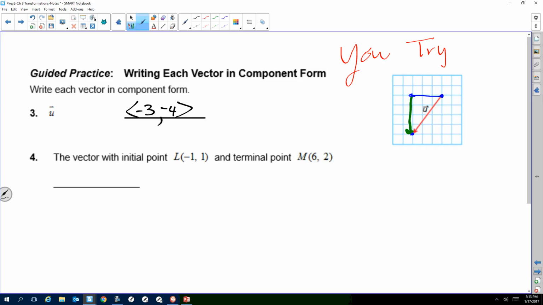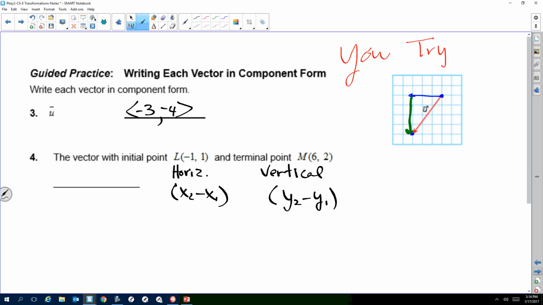All right, so this last example, we need to do for horizontal, you have to do your change in your x-coordinates. And for vertical, you have to find the change in your y-coordinates. So subtract your x-coordinates, subtract your y-coordinates.